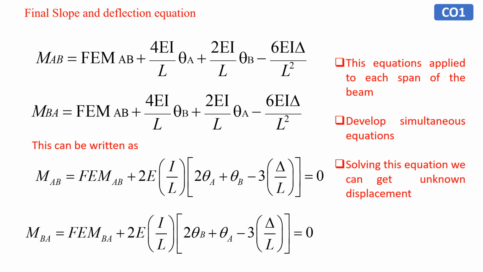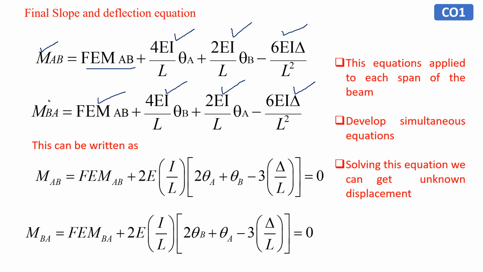Then this will be the equation for final moment. MAB is equal to FEM, fixed end moment AB, plus 4EI by L theta A plus 2EI by L theta B minus 6EI delta by L square. Similarly, MBA is FEM BA plus 4EI by L theta B plus 2EI by L theta A minus 6EI delta by L square.